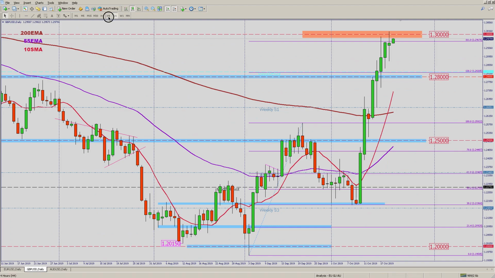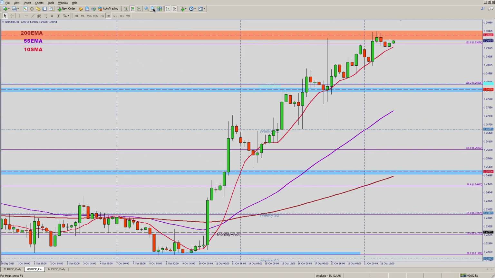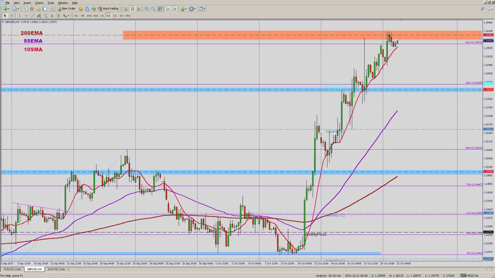Let's take a look at the 4-hour time frame. After attempting to break out higher at the 130 level, it has retraced lower, and it's possible that it's going to continue to retrace as the UK Parliament will not vote on the Brexit deal.